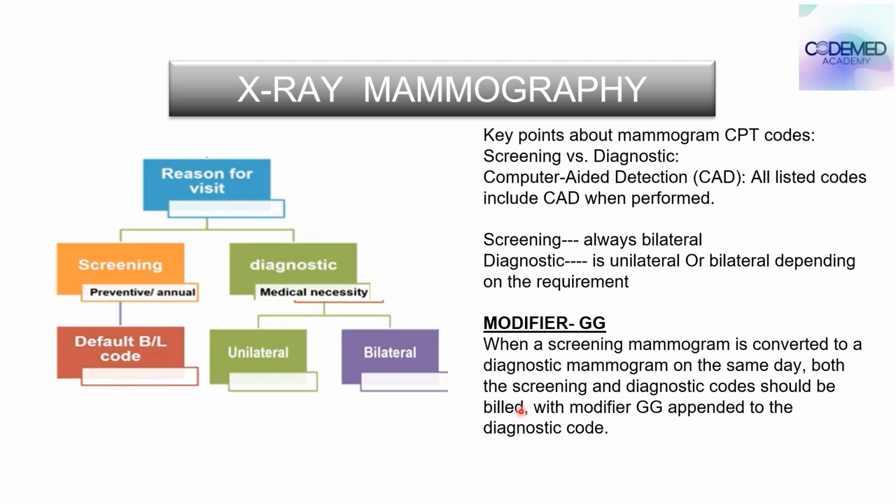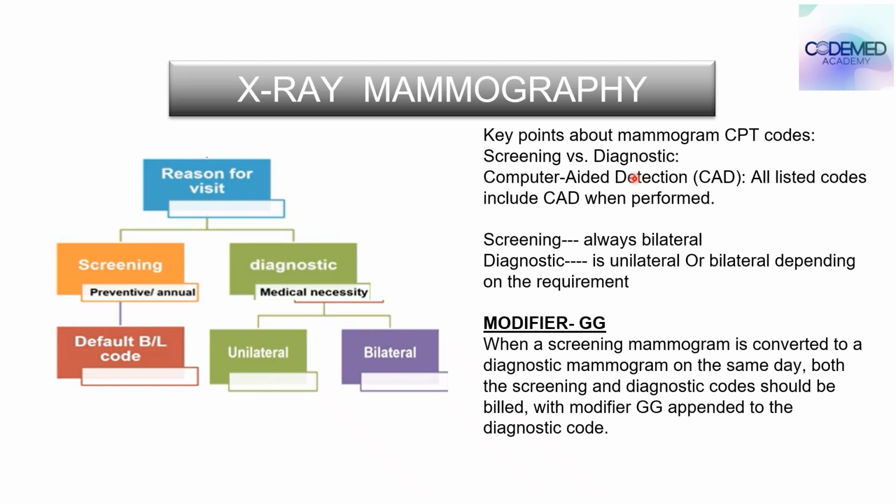Now suppose a screening mammogram is converted into a diagnostic mammogram on the same day, both the screening and the diagnostic code should be billed with the modifier GG appended to the diagnostic code. It is very important because the lady has a yearly checkup, and in that the screening mammogram is included.